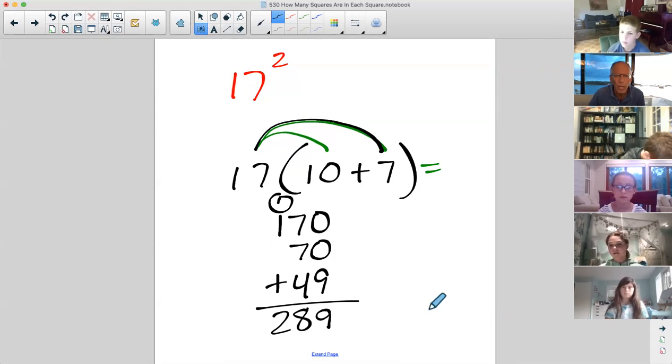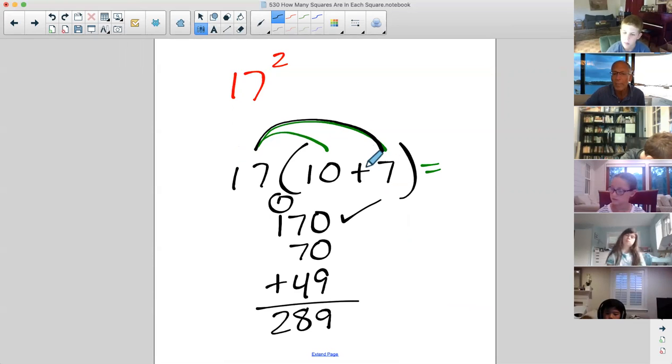I mean, help me out. So I got 17 times 10 is obviously 170. Then you do 17 times 7? Yes, which is 7 times 10 plus 7 times 7, which is 70 and 49. And that is 89.